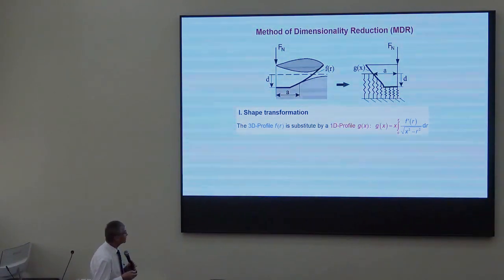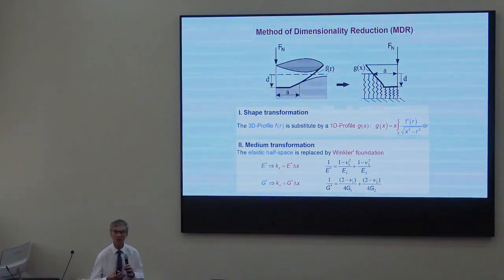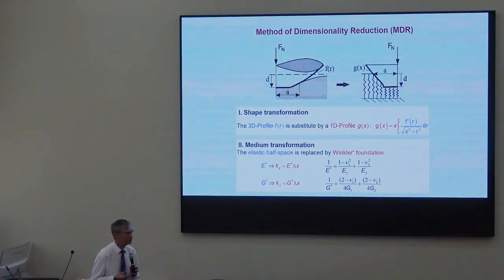And then the second step is replacement of the elastic counterbody, of the elastic continuum, by a series of independent springs, an elastic foundation. And the springs have the stiffnesses which are given here with red equations in normal and tangential direction.